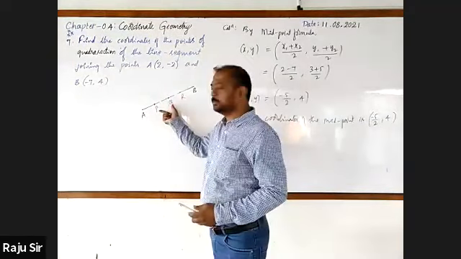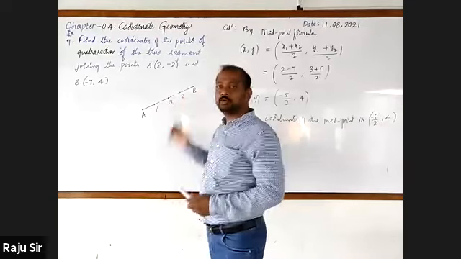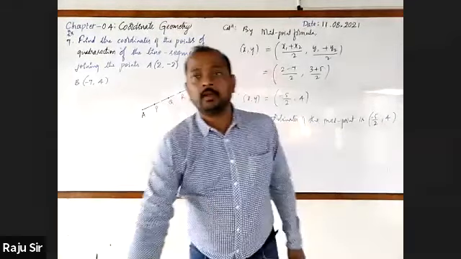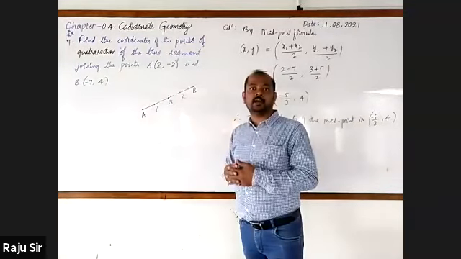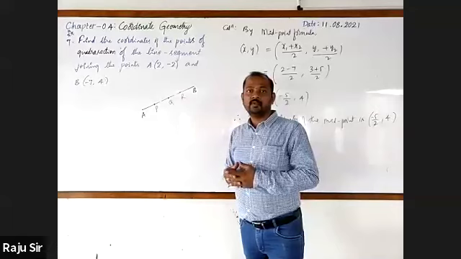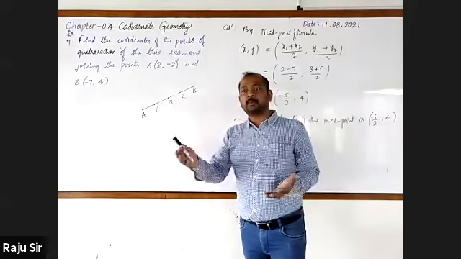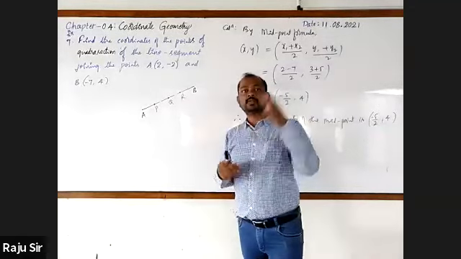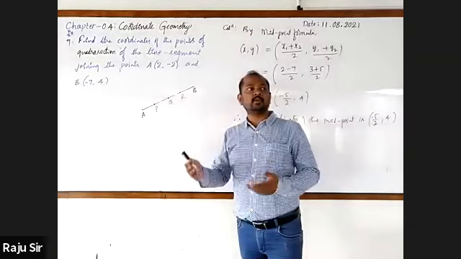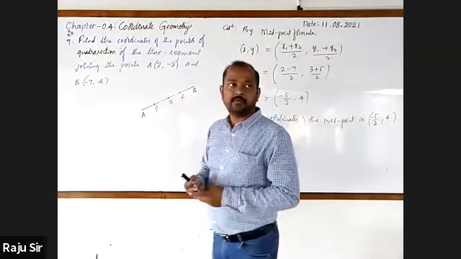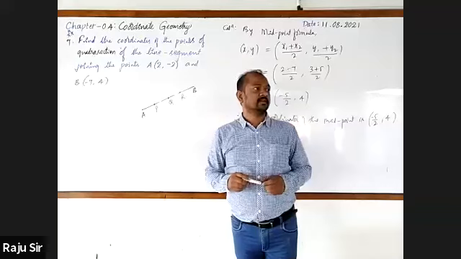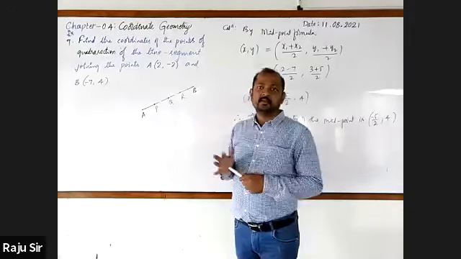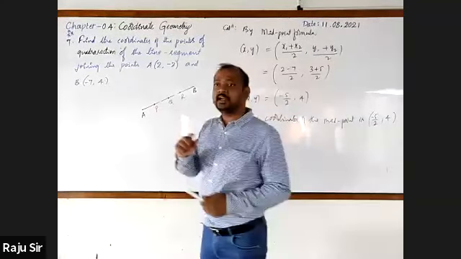AP equal to PQ equal to QR equal to RB. Now you tell, how do you go for finding the coordinates of P, Q and R? By using both midpoint formula and section formula, or only section formula, or only midpoint formula. All 3 possibilities are there, but the easiest one is the midpoint formula.